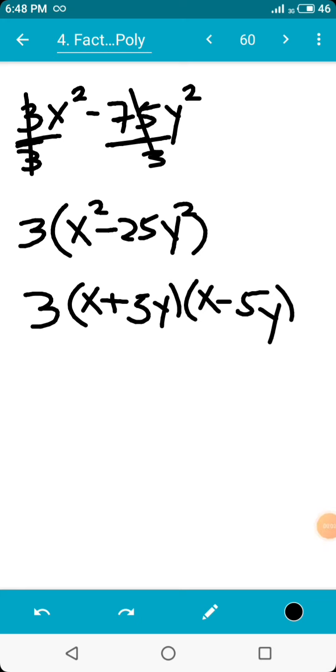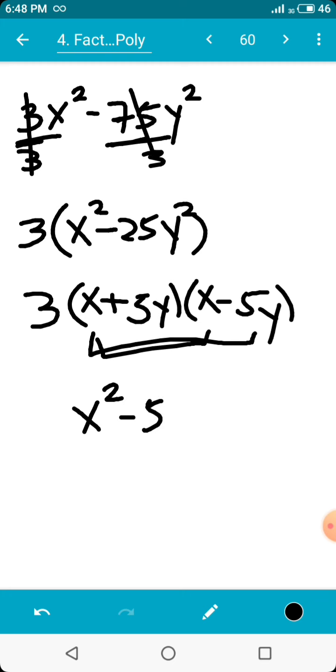Okay, so i-check natin yung work natin kung tama yung factors na nakuha natin. First, ito muning i-multiply natin. X times x, so that is x squared. X times negative 5y, so that is negative 5xy. And then 5y times x, that is positive 5xy.